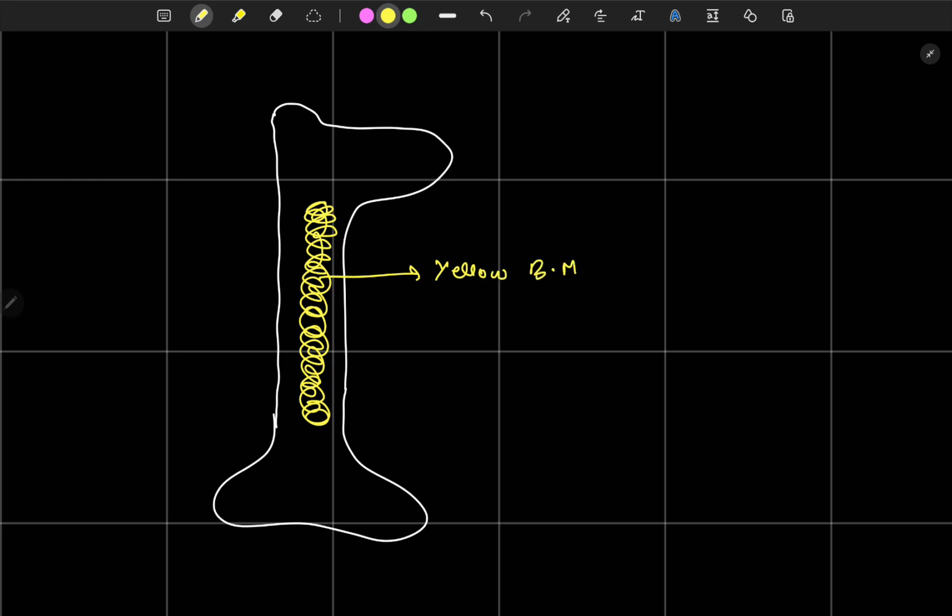It does not have a function of production of RBC, it does not have a function of production of blood. Okay, so it stores lipid fat as adipocytes.